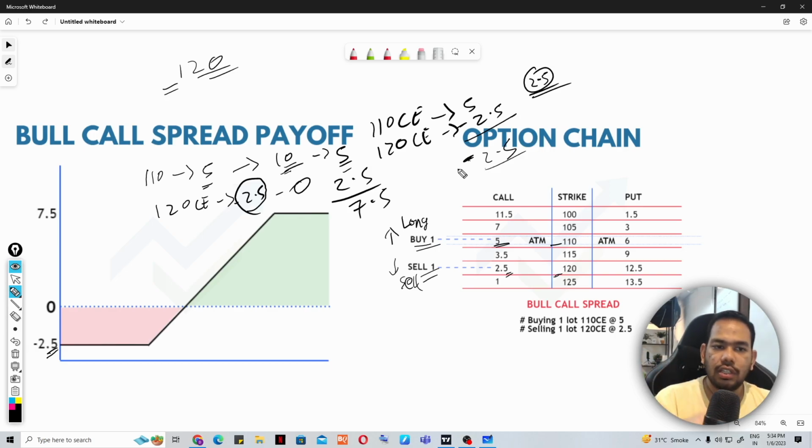That is also done. So bull call spread is basically made primarily for two reasons. Number one is when we are not very much confident about the underlying move, and second, we need to offset the cost, as we are again not very confident about the timing of the breakout.